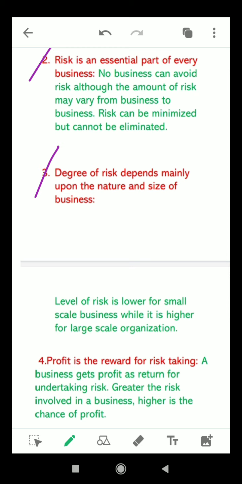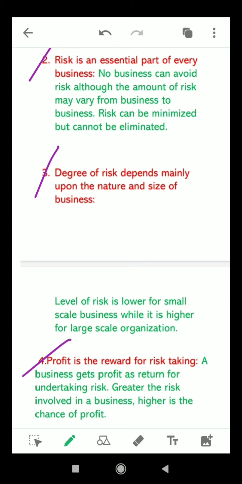Why? Because change in consumer preference is frequent in such items. A person dealing in standardized goods will face less risk because demand is generally stable. So large businesses face more risks as compared to smaller businesses.